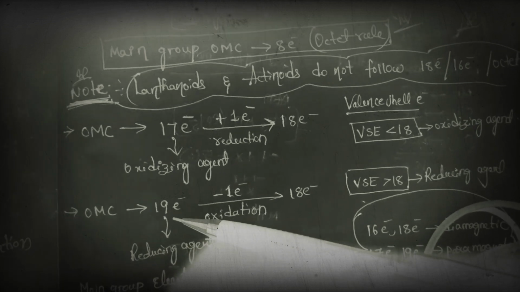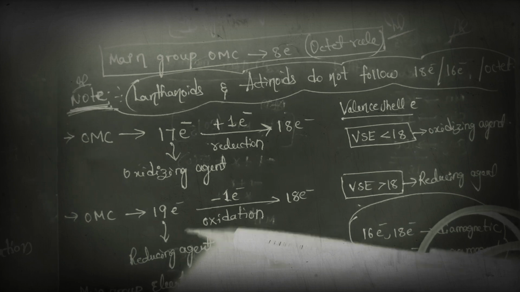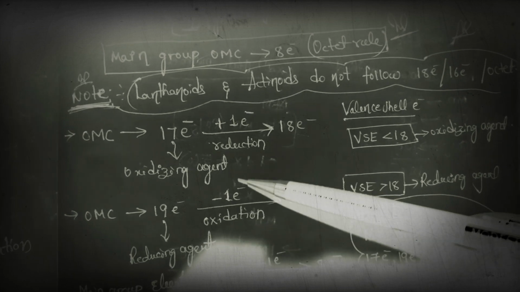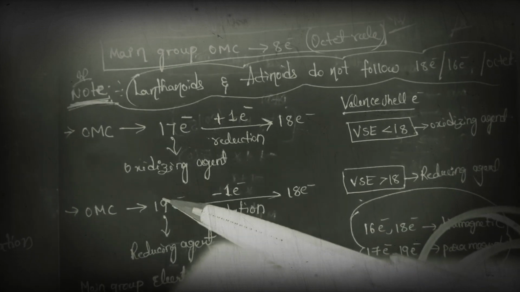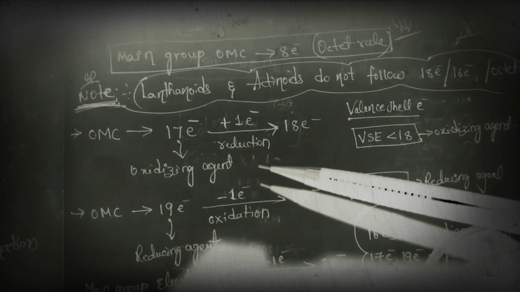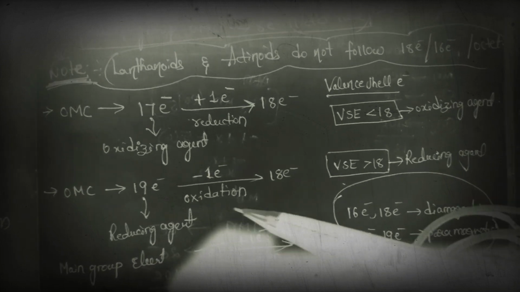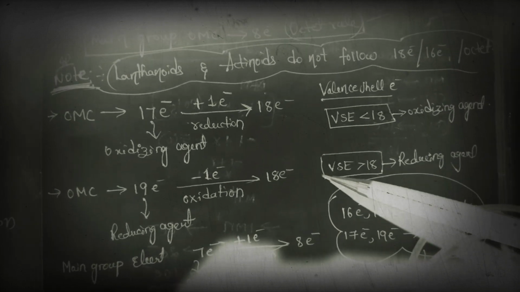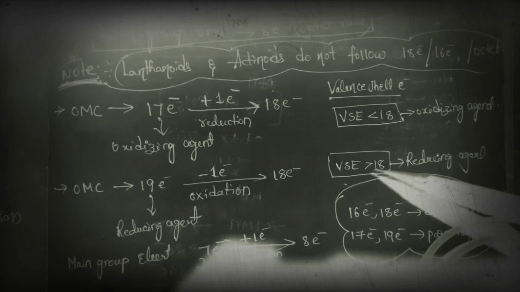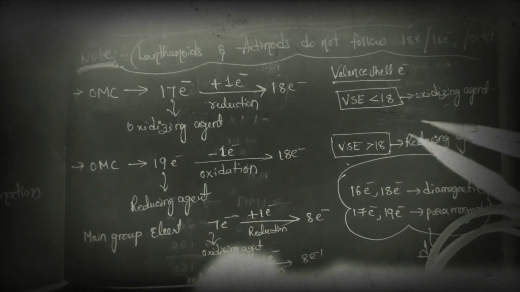That means it reduces the others, so it acts as a reducing agent. So from this we can confirm that if the valence shell electrons are more than 18, they act as reducing agents. I think it is clear.